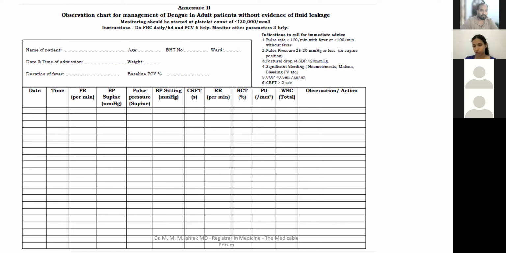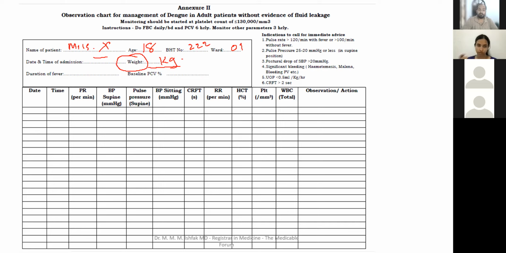Now this is the chart I'm talking about. So here you write the patient's name, Miss X, age 18, BHT number, ward number, and then the date and time of admission. Most important, look here, most important is the weight.